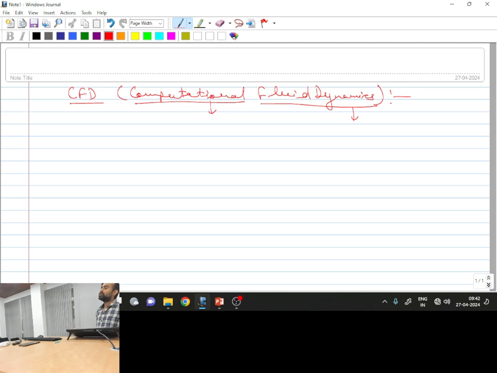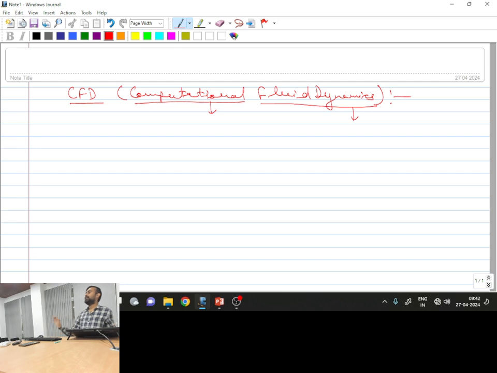Yes. So see, the primary concern is that fluid dynamics itself is based on some governing equations which govern the different physical phenomena happening in fluid flow and heat transfer. Okay, and these physical phenomena can be characterized by some equations which are called governing equations.